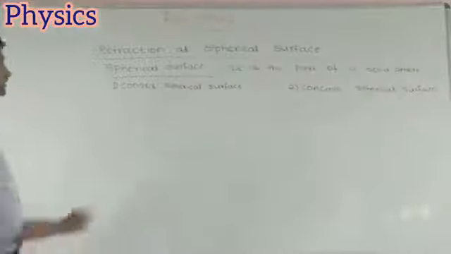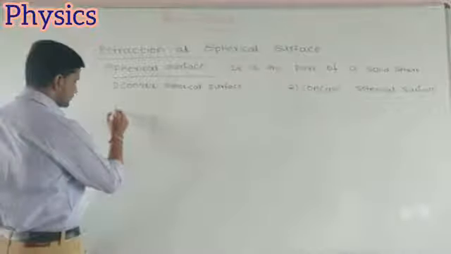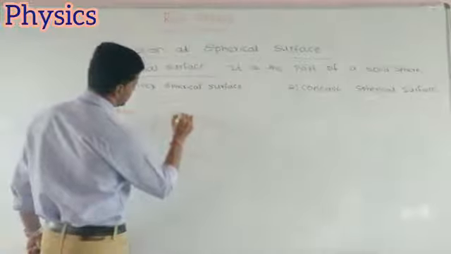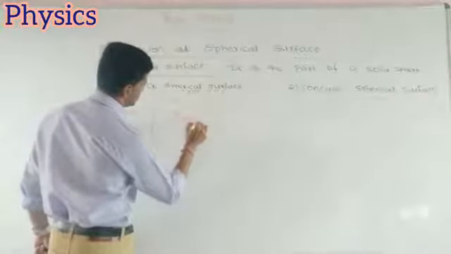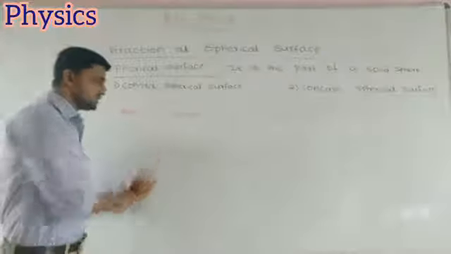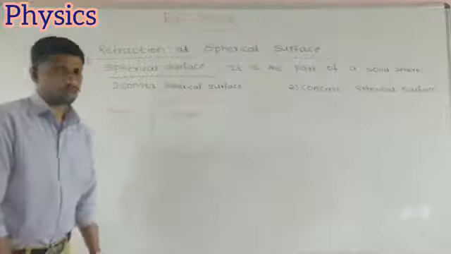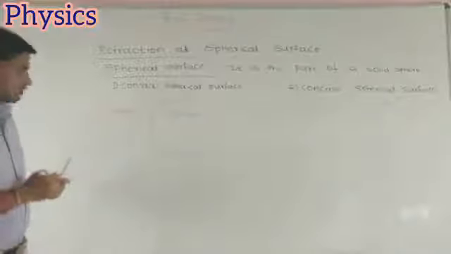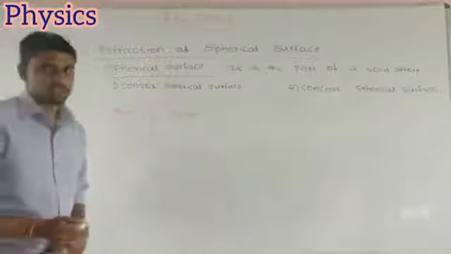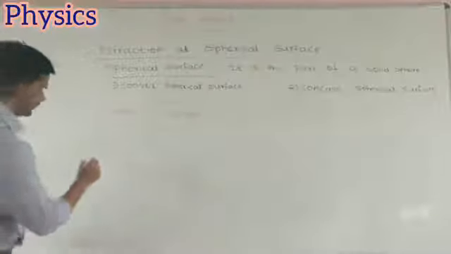Here I am considering two mediums. This is the rarer medium and this is the denser medium. The refracting surface is convex towards the rarer medium.